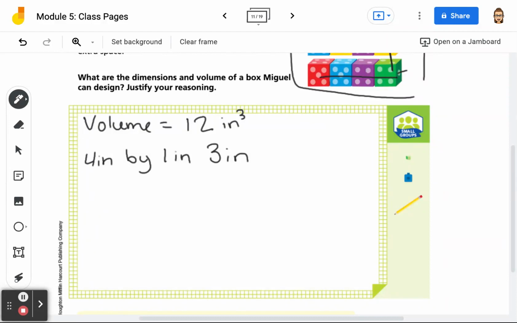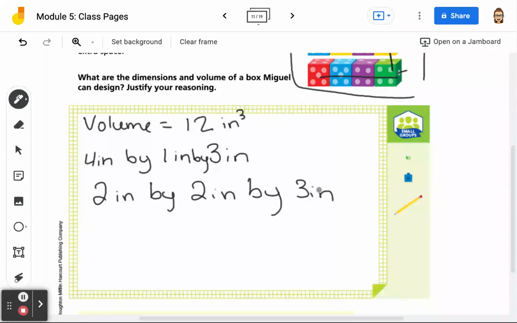We have other ways that we can get 12. We can split up the 4, so we could have 2 inches by 2 inches by 3 inches. We could have 6 inches by 2 inches by 1 inch, and there are others.